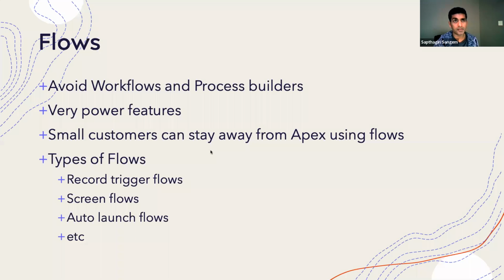Other than that, there is no easy way. The other best way is you set the debug logs and then run some transaction, and then you can potentially see whether a workflow is fired, or a process builder is fired, or a flow is fired. So that is another way.